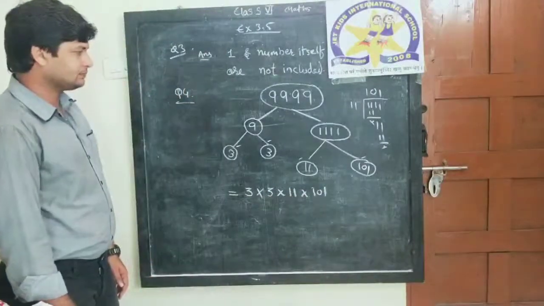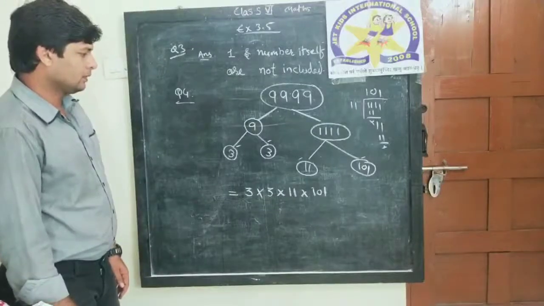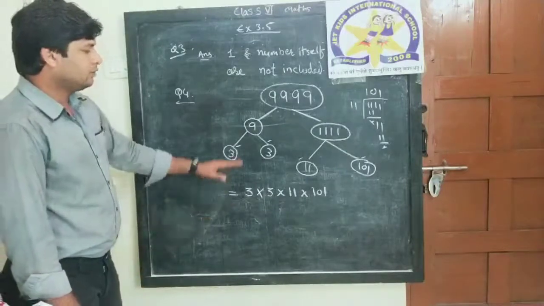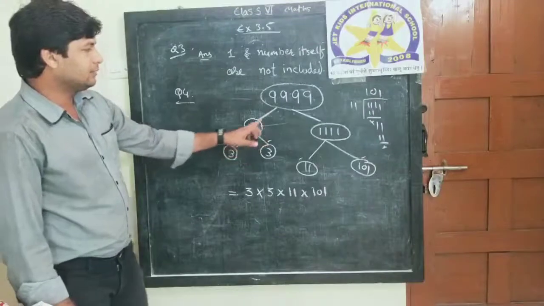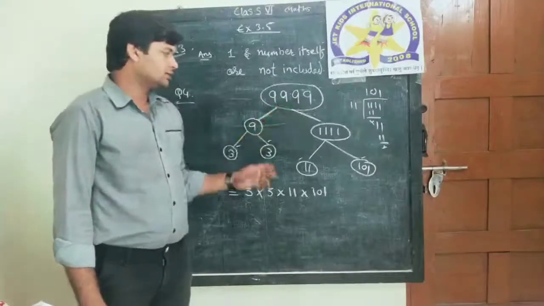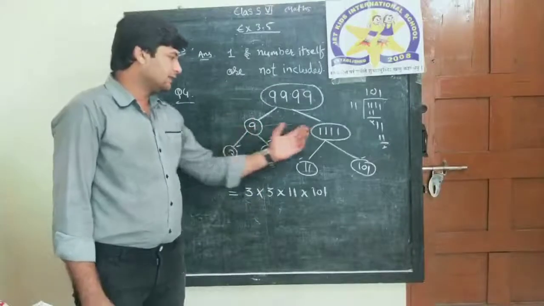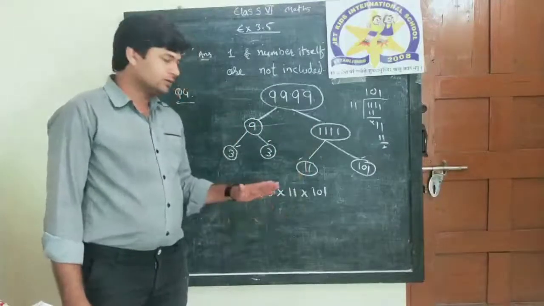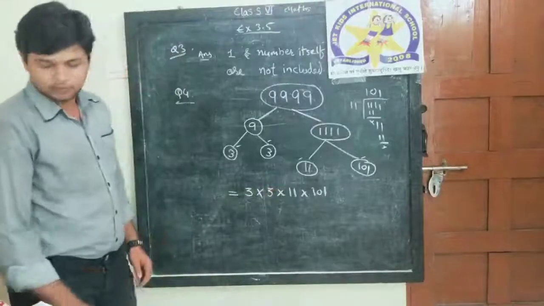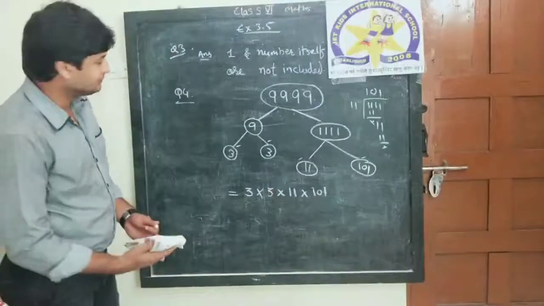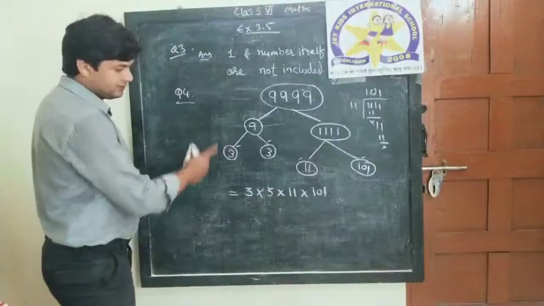Clear? If you want to take it by 3 multiplied by 3333, then you will get the same. If you take another factor, you will get the same answer. Don't worry. Next is question number 5. Hope this is clear to all of you.